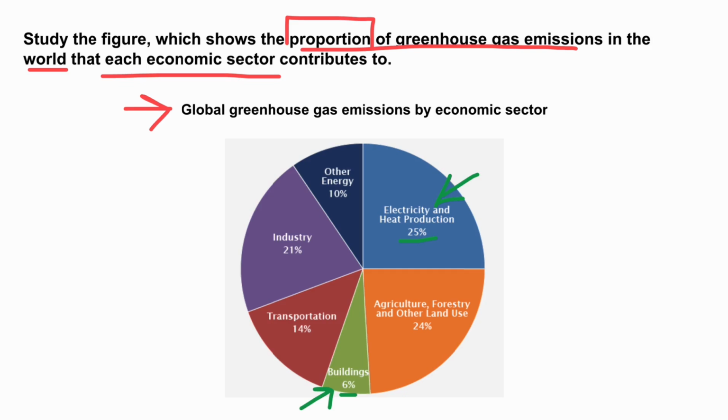My recommendation tends to be second highest. Okay, agriculture, forestry, and other land use, quote data, or you can talk about second lowest here. Other energy, 10%. So the third point is completely up to you. Make your choice, whatever it is, quote data.